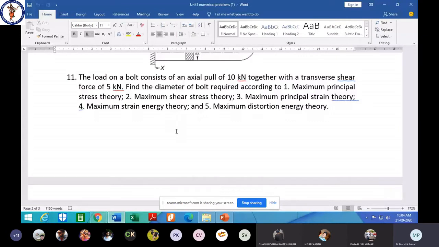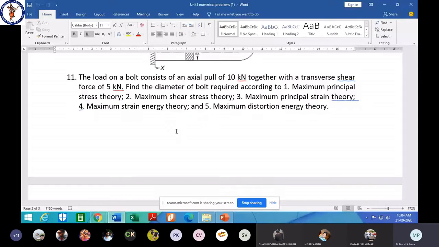In the last class, we concluded that due to two loads, two stresses are induced in the component. First one is due to pull, we have tensile stress. Due to the transverse shear force, we have shear stress.